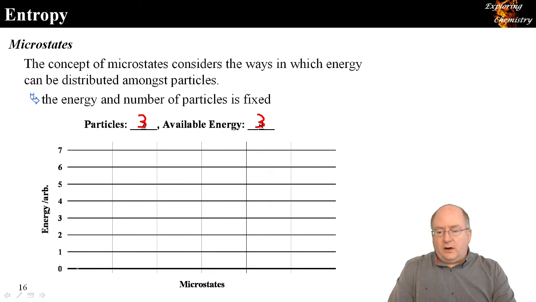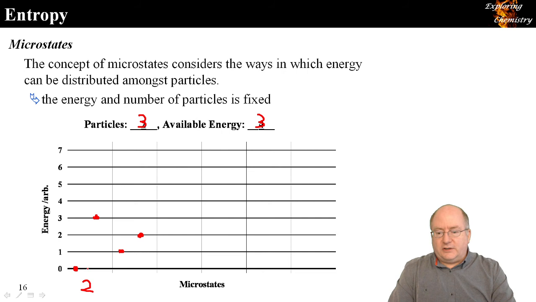So the obvious one is 0 and 3. And there will be 2 ways of doing that. One of these can go down, different one down or up. Another option would be to have 1 unit at 1 and another unit at 2. Oh, there's 3 particles.